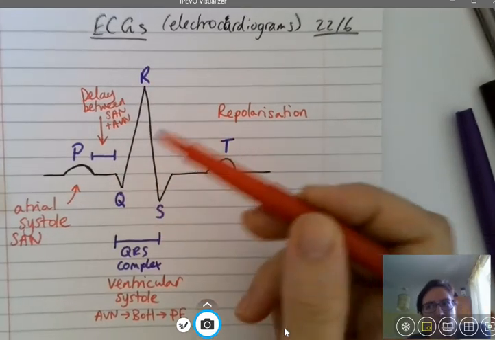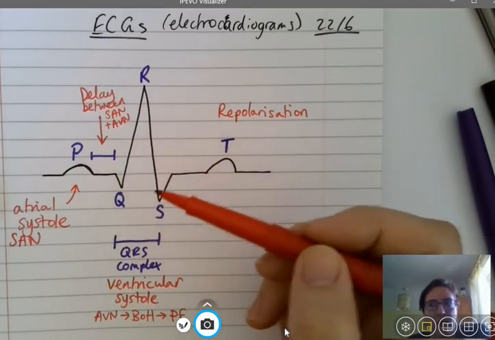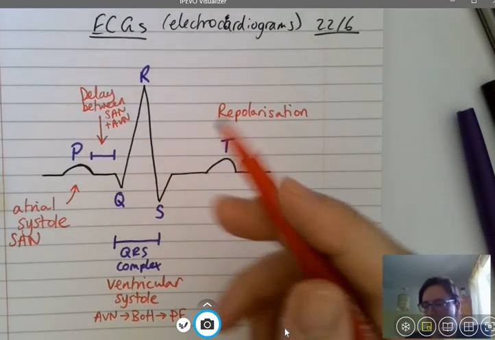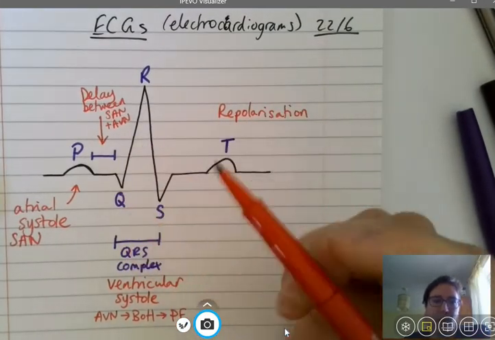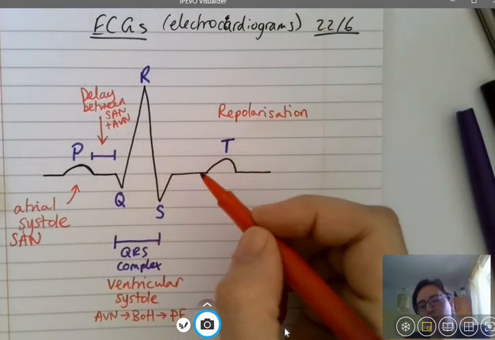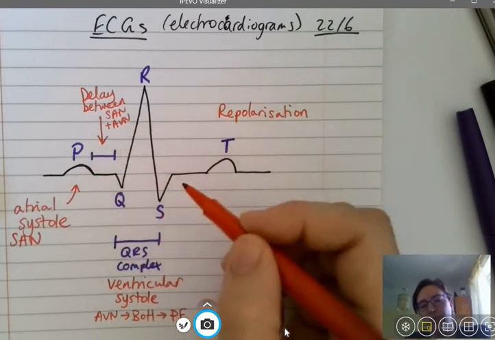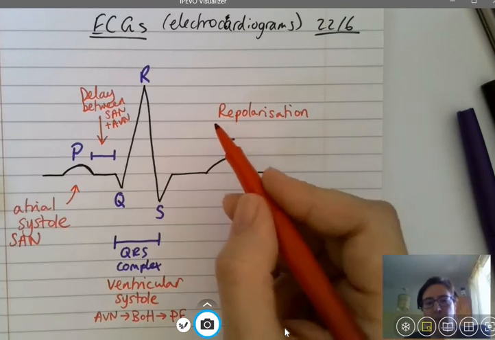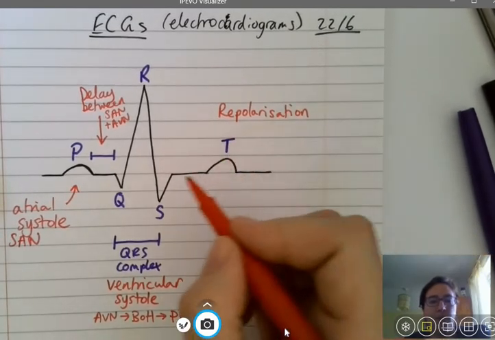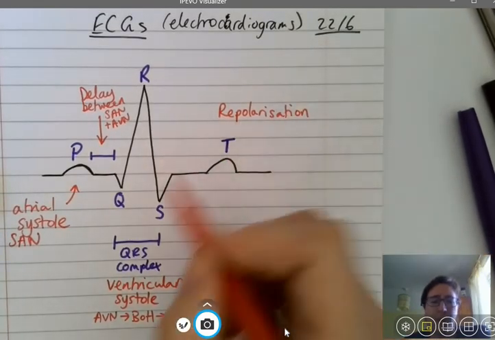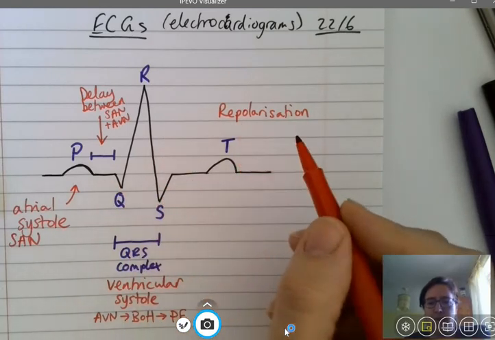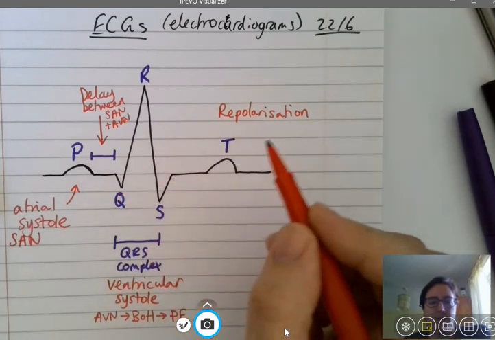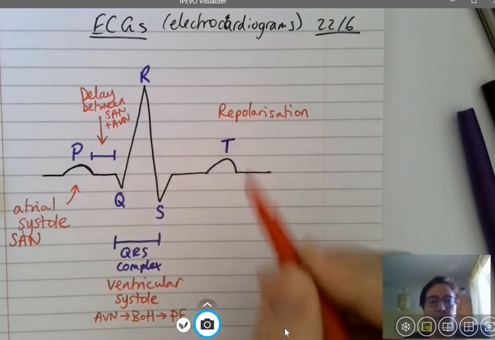And when we look at the nerves and how they work later on, we'll go through exactly why and what's actually happening on a microscopic scale within the membranes. But in order to be able to go through that process again, it's got to reset, and we call that repolarization. But come back to this when we look at the nerves. Come back to this and think about what actually might be happening along the membranes within these cells, because you should be able to piece together quite a lot more after that.